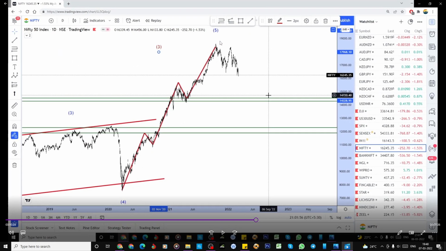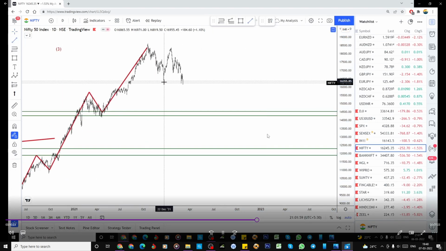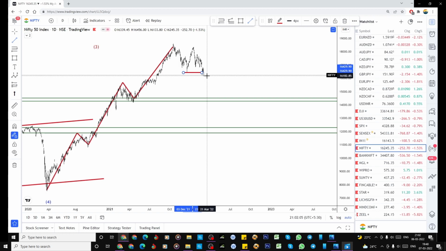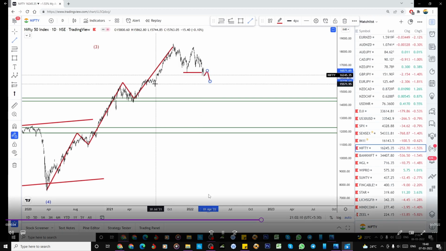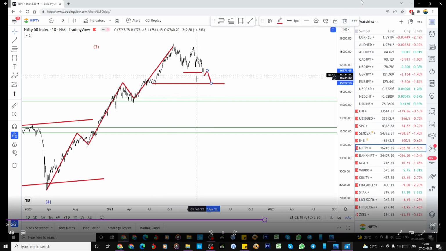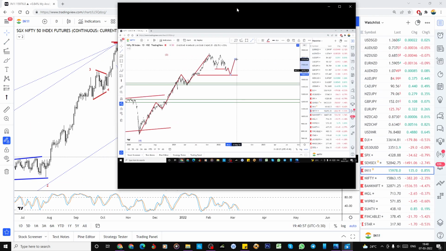My target was, and it invalidated my 16,400. Anyway, I'm expecting one more up and one more down. This may again retest the 15,600 zone, and later it will try to trap all the retailers in the buy zone.